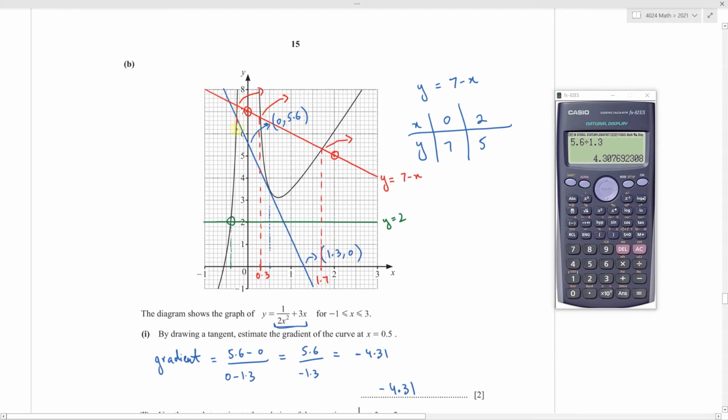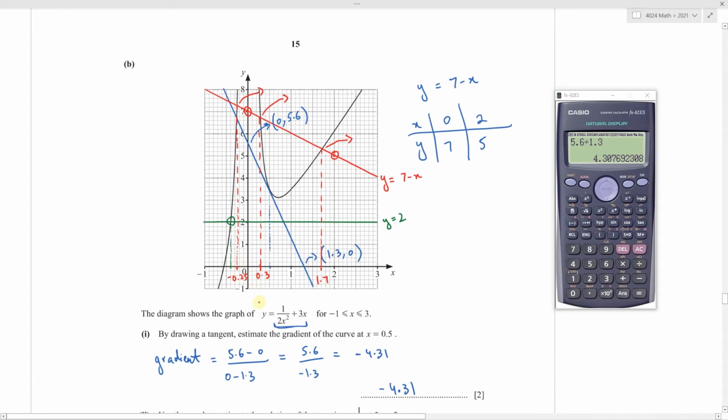So if I continue down here, this is minus 0.2, minus 0.25, because it's between minus 0.2 and minus 0.3.